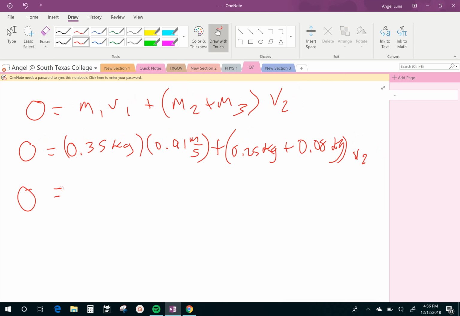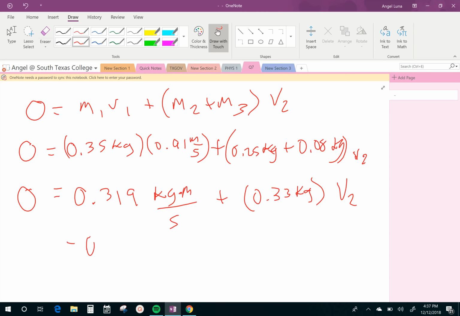Okay, so let's do some quick multiplication and addition, and we should get 0.319 kilogram meters per second plus 0.33 kilograms times v2. Essentially, we just want to subtract this from both sides.